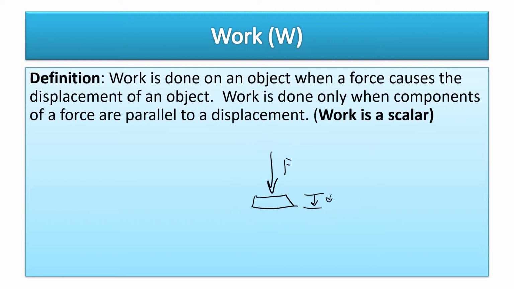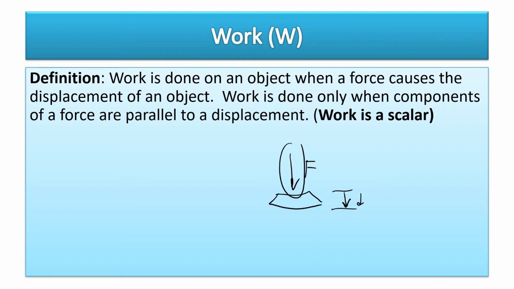So now we're thinking about work in terms of the physics definition. Now, you might have seen this in a previous science class. We're talking about work, force times distance. It says work is done only when components of a force are parallel to that displacement. So again, in that example that I just gave, the displacement vector and the force vector are both parallel to each other.